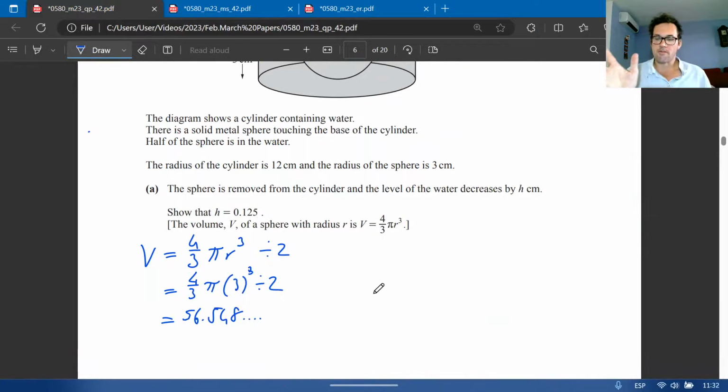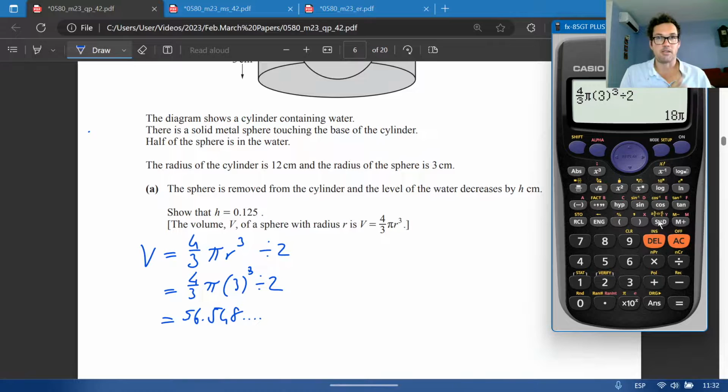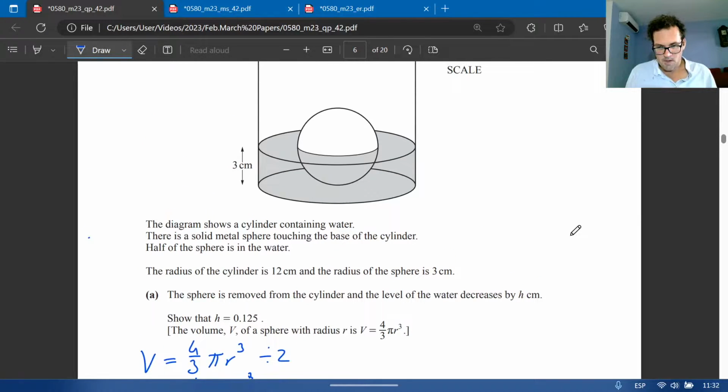So at least use like 5 significant figures, or even better, 18 pi, because that is the most accurate way to write this answer. You can just change 18 pi to a number later. So use lots of figures or use 18 pi. So that's the volume of the hemisphere.